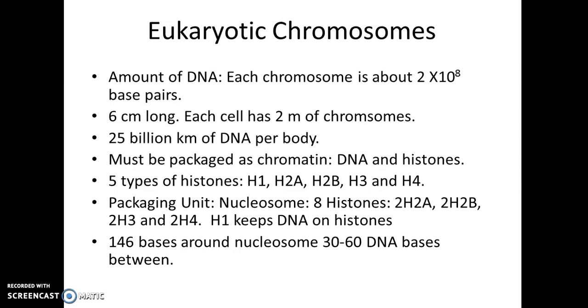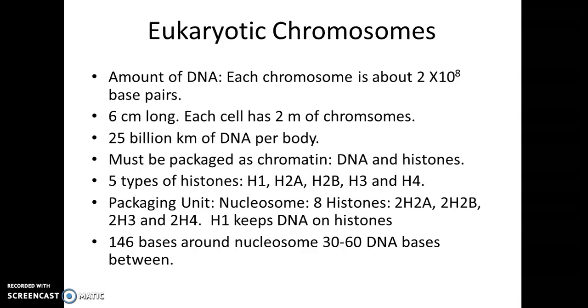Now, there are 5 types of histones, and they have been cleverly named H1, H2A, H2B, H3, and H4. The packaging unit is called a nucleosome, and they're made up of 8 histones: 2 copies of H2A, 2 copies of H2B, 2 copies of H3, and 2 copies of H4.